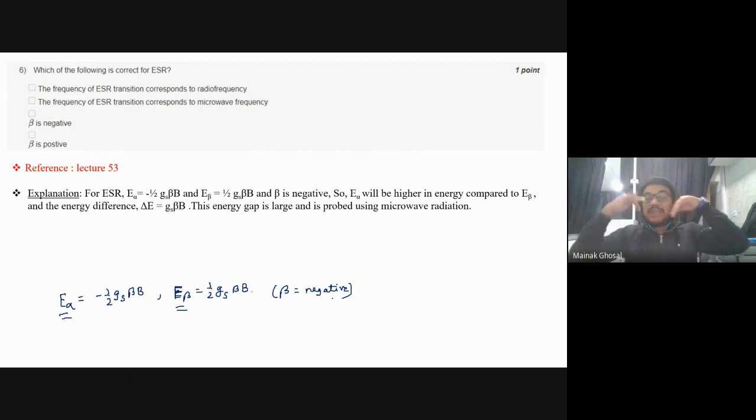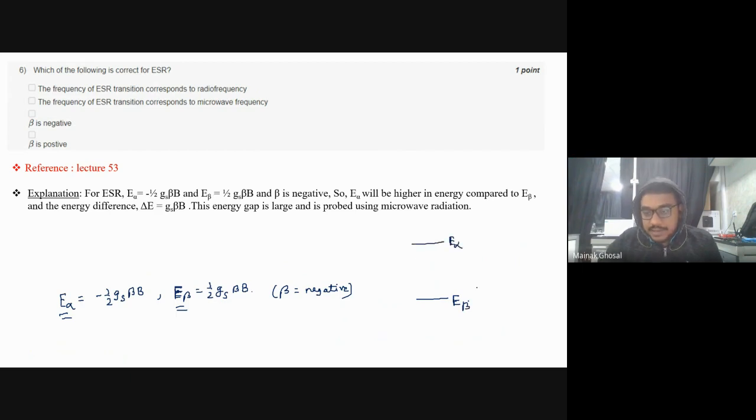But if it were the case of nucleus, then you will see that beta is positive. But here, since beta is negative, this term is negative and this term is positive. Okay. So here the ground state is, oh sorry, ground state will be beta and higher state will be E alpha.